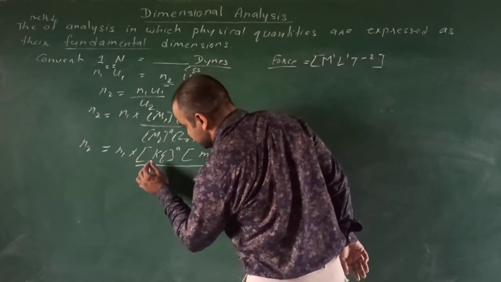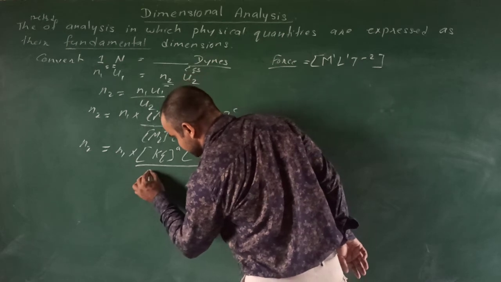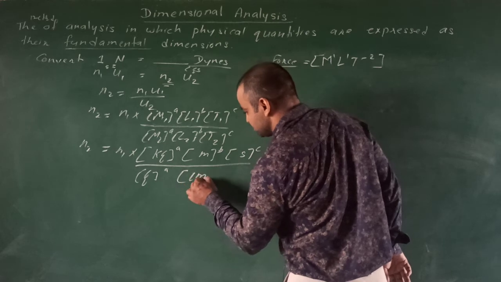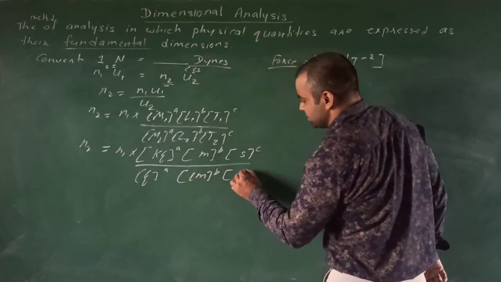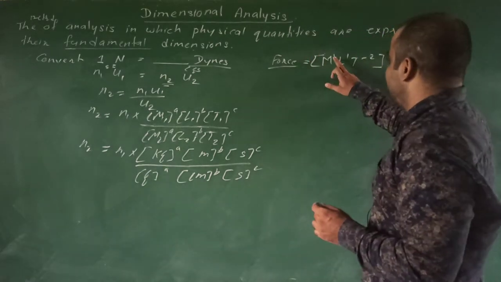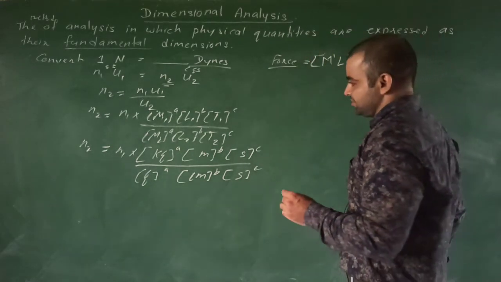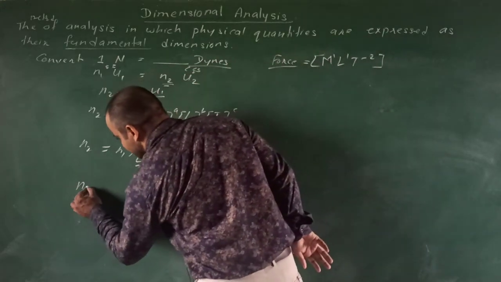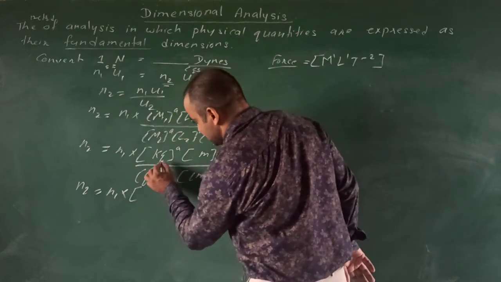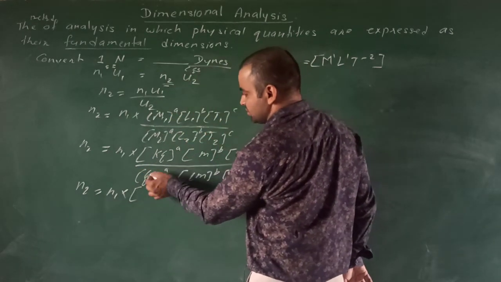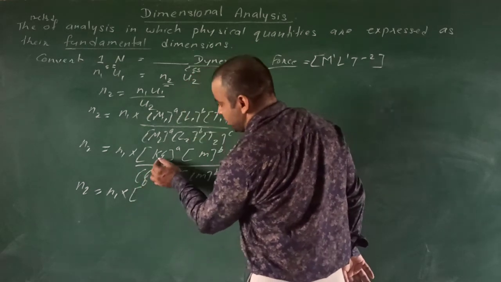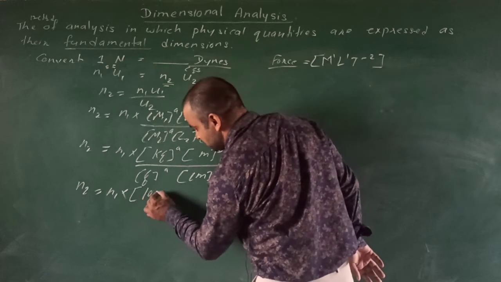In CGS, mass in gram, length in centimeters and time in seconds. Now put the powers of dimensions. N2 equals N1 into. Convert the units into homogeneous units. 1 kilogram equals 1000 gram.